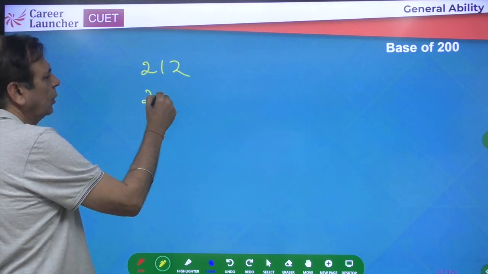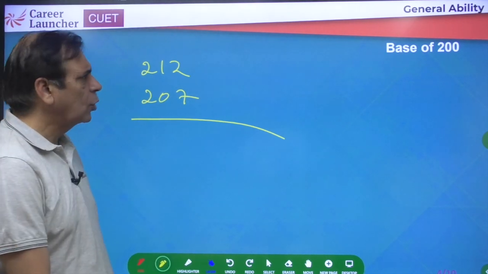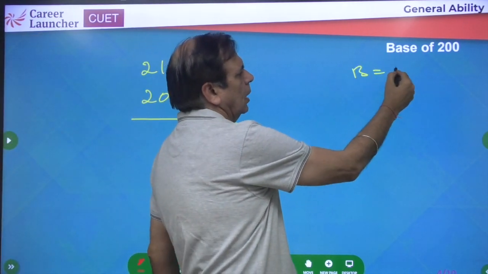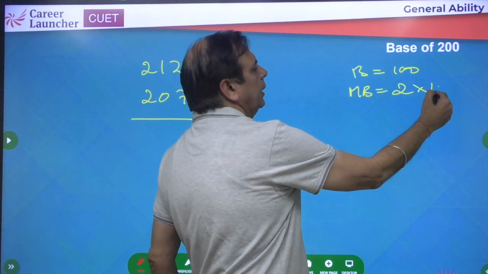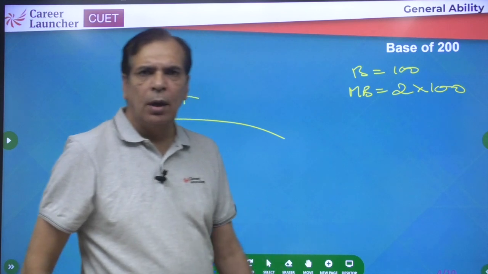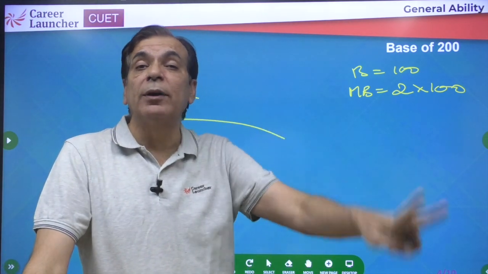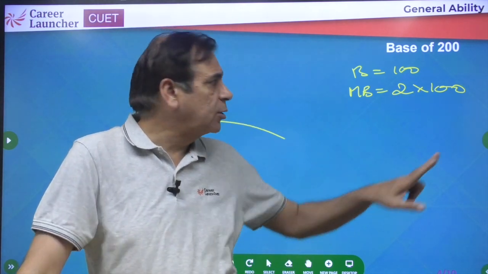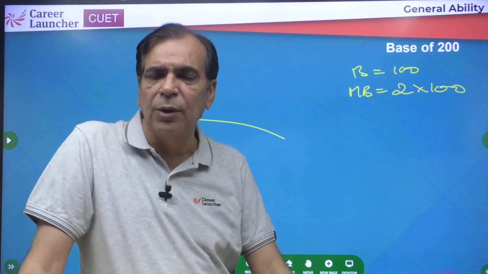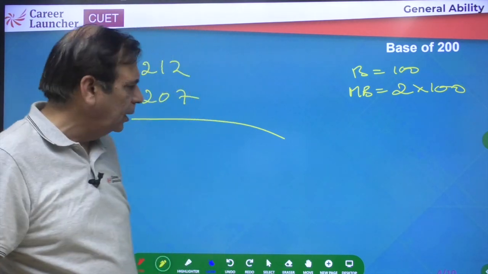212 into 207. Base of 100, a modified base of 2 into 100 equal to 200. A modified base of 2 into 100 means that left hand side will have to be multiplied with 2, and right hand side should have 2 digits, because my base is 100, which means 2 zeros, and hence 2 digits on the right hand side.